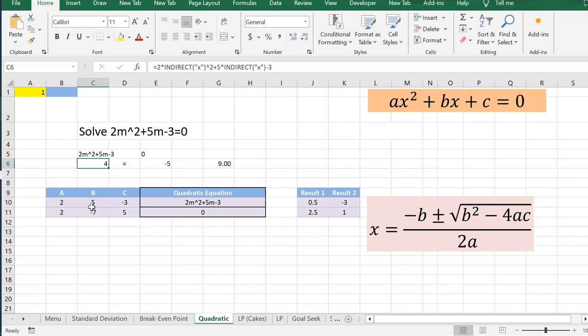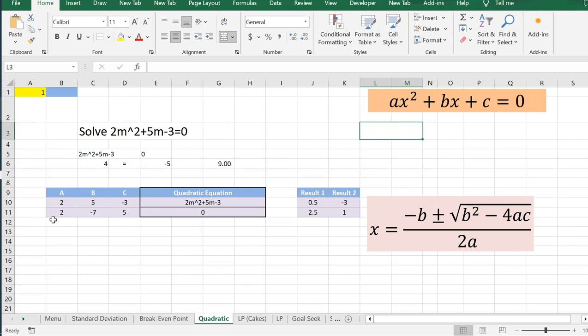And now we use this formula and we put the values. What we put in a, it is obviously 2, right? If you split this quadratic formula, keeping in view this quadratic formula here, it means that instead of ax squared, it will be 2m squared.